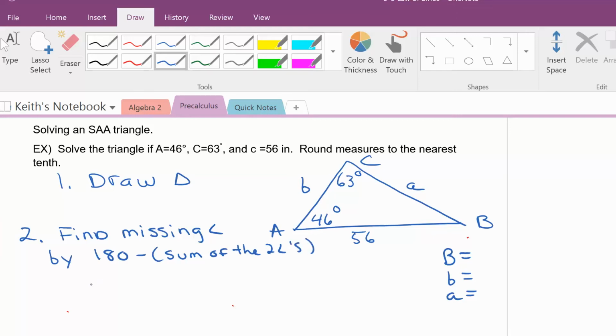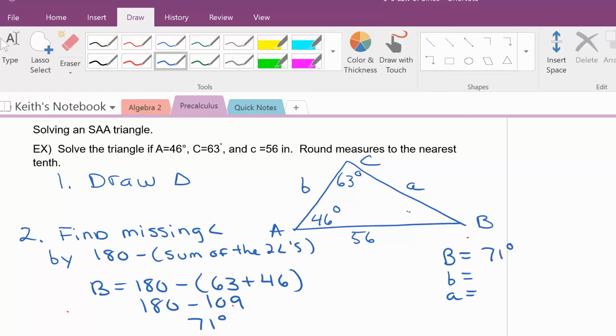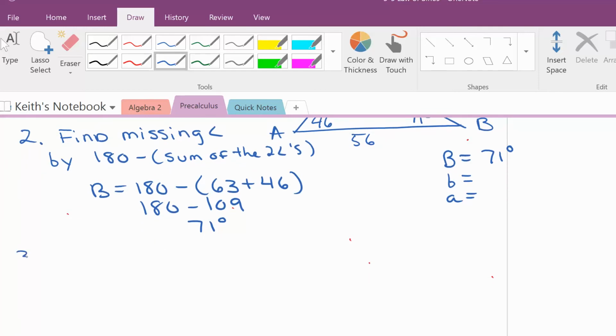So in this case, angle B is equal to 180 minus 63 plus 46. So it's 180 minus 109, which is 71 degrees. So that is angle B. Then, to find the missing sides, we're going to use the law of sines.